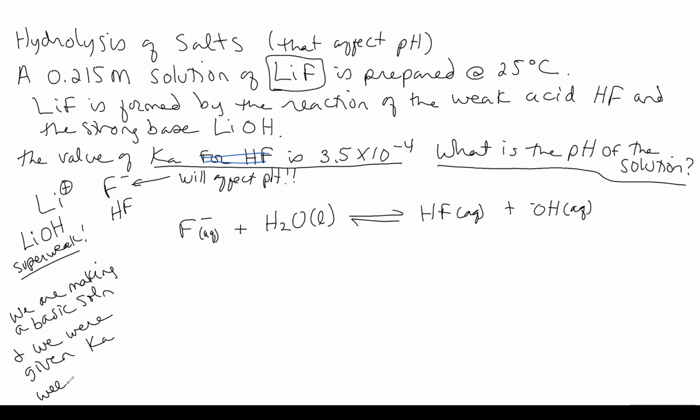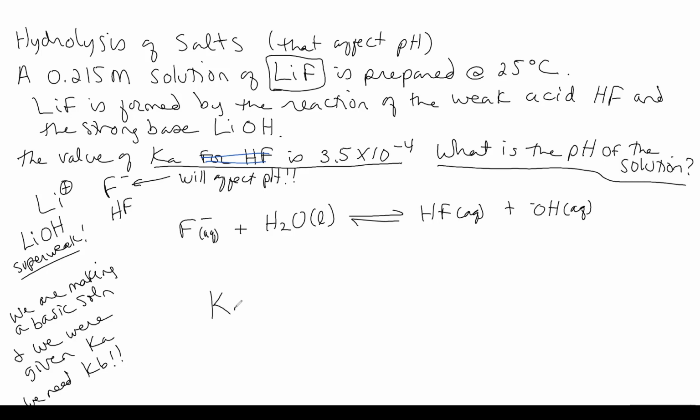We need Kb, because we have a hydroxide concentration. So we're going to have to calculate Kb before we can really do anything else. Let's remind ourselves how to do that.